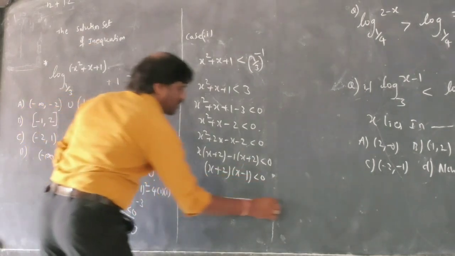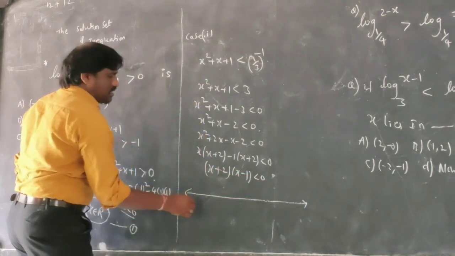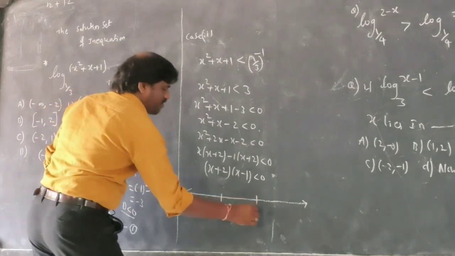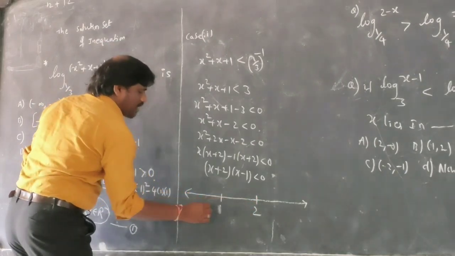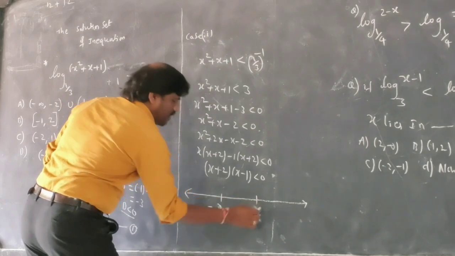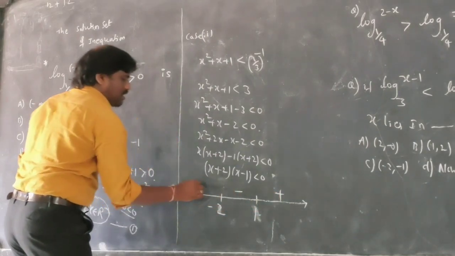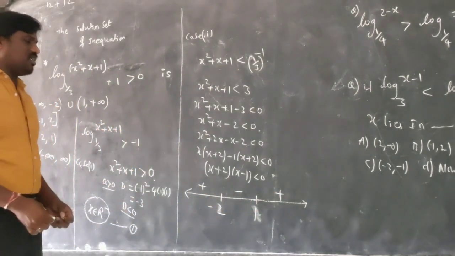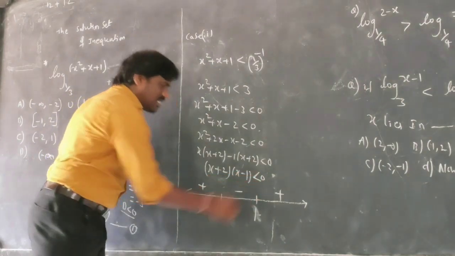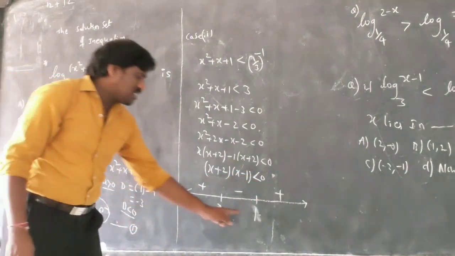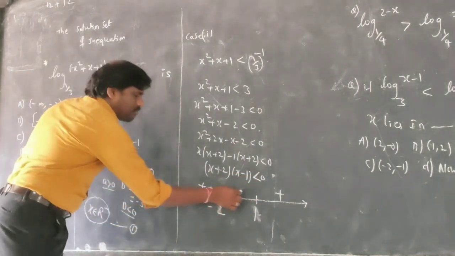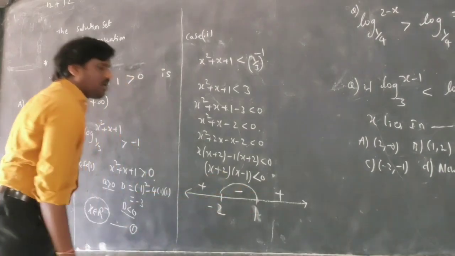Take the number line and plot these numbers. You have 1 and minus 2. Minus 2 will come first, then you get 1. Signs are plus, minus, plus. What is the solution for this one? Less than means the minus region is the solution, as in the baby curve method.